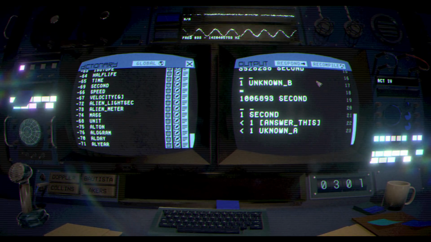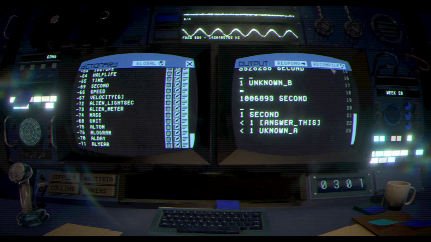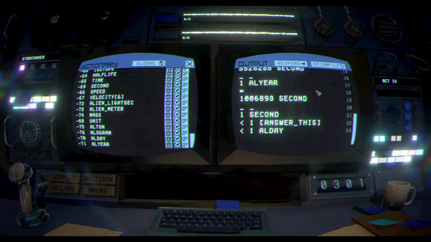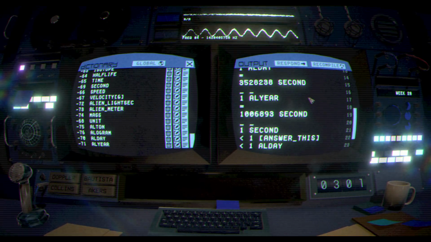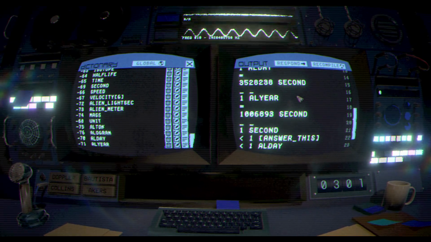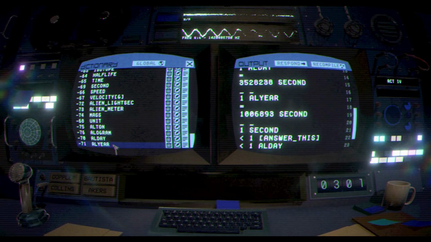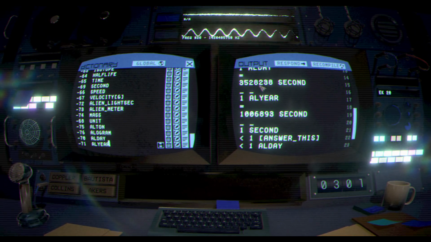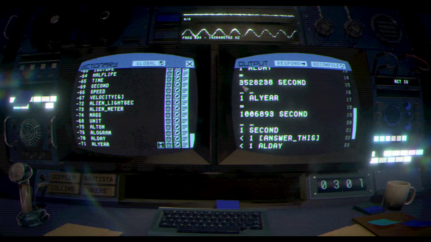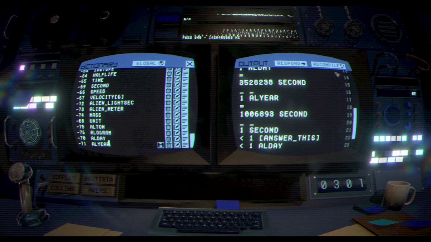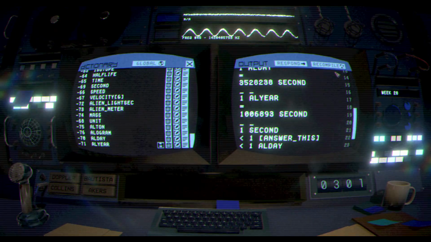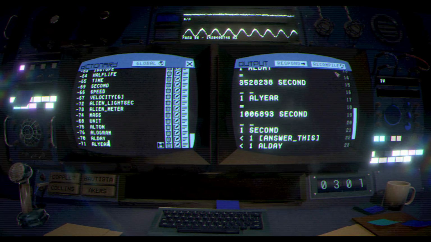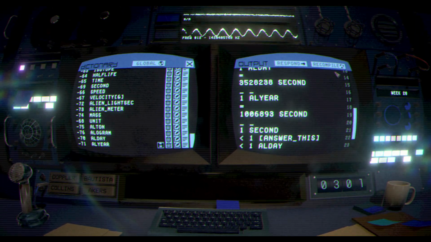So 1 second is less than 1 something, which is less than 1 all day. Wait a minute. This is 3 billion seconds. So 3 billion seconds in days, I believe, is a lot of days.